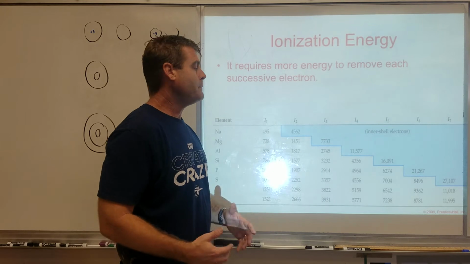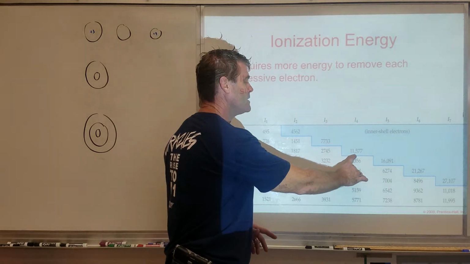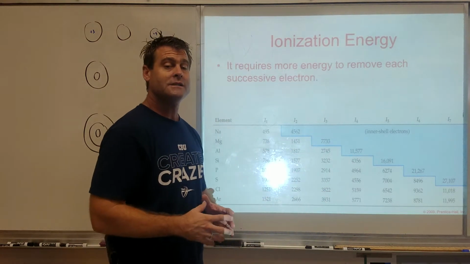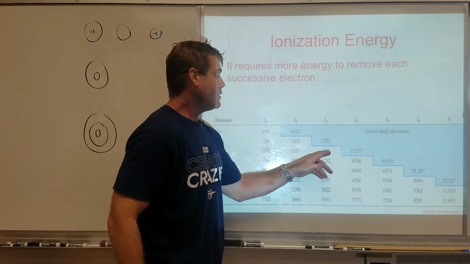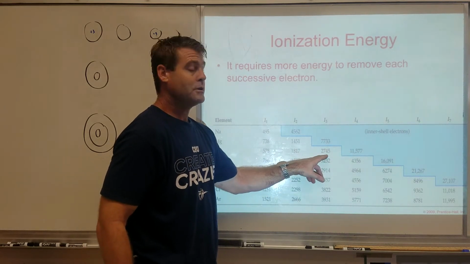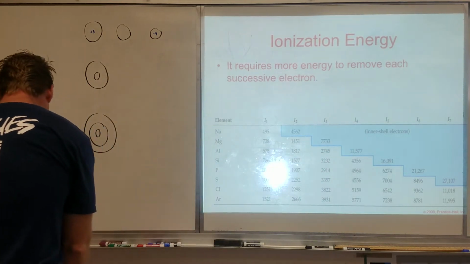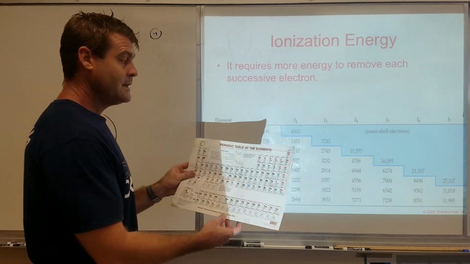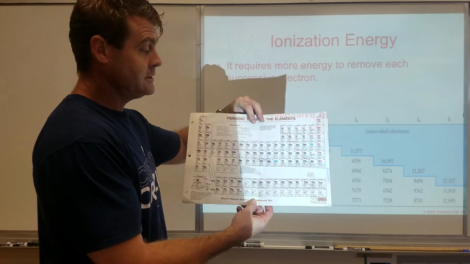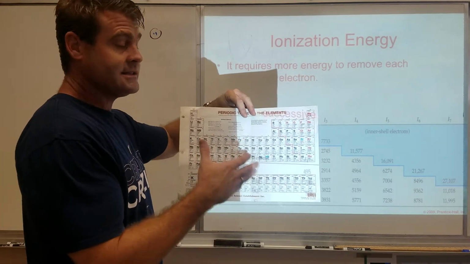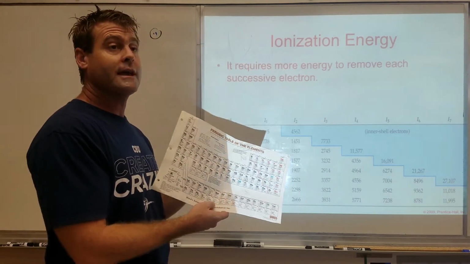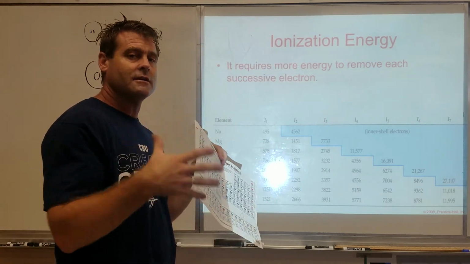So the question is, what might account for the fact that it requires so much more energy to remove aluminum's fourth least tightly held electron as opposed to the third? I think a lot of you know, because if we look on the periodic table, the nice thing about the periodic table is that elements are in order of chemical reactivities, which is directly related to their electron configuration.